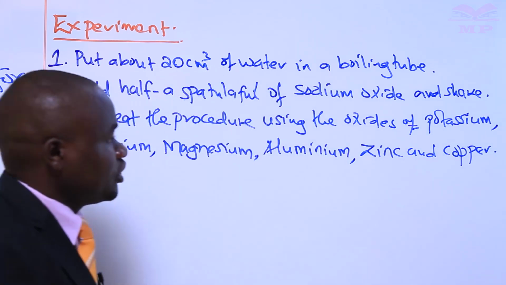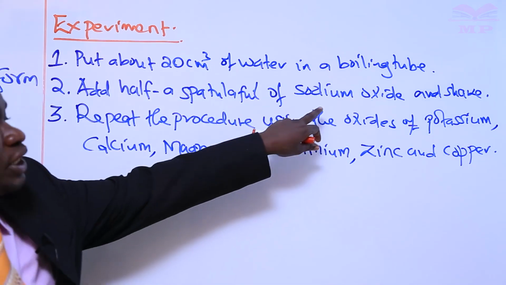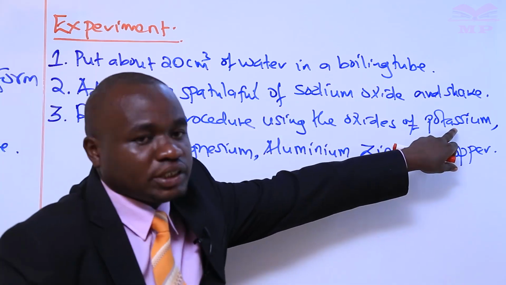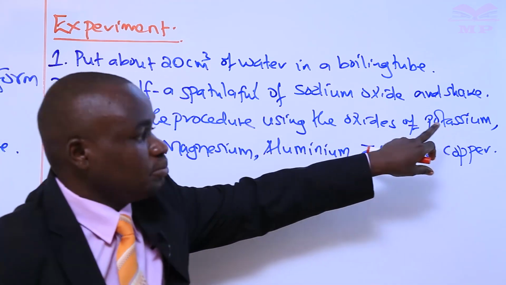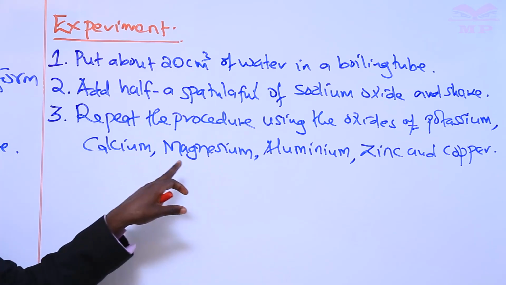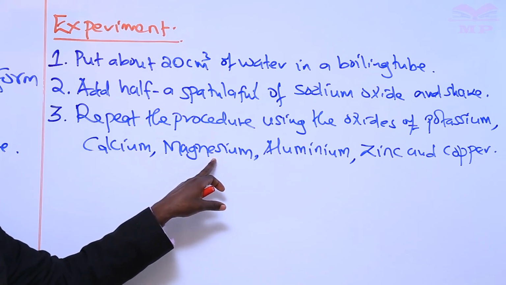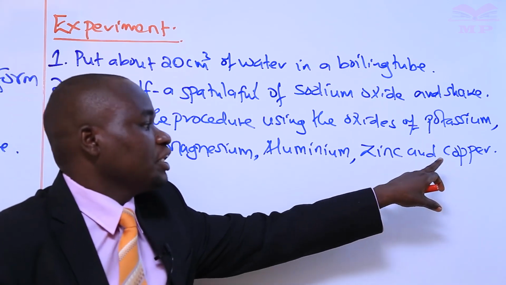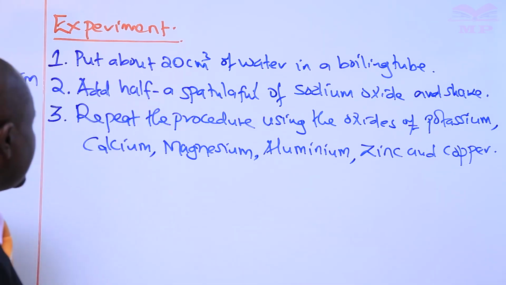So instead of having sodium oxide, you replace sodium oxide with potassium oxide in the second experiment. You also try with calcium oxide, also try with magnesium oxide, aluminium oxide, zinc oxide, and finally copper oxide.